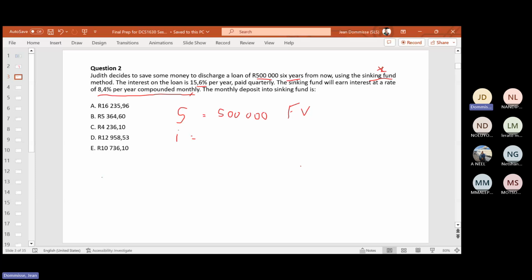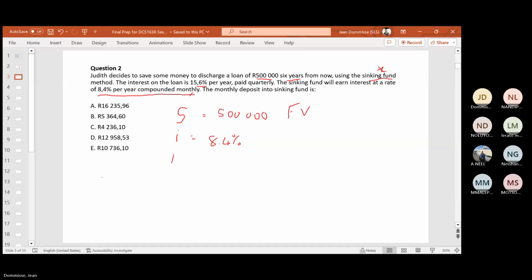Then the other thing that we have is your interest. So let's just look at that interest: 8.4% per year compounded monthly. So just remember the monthly, because that will influence it. Depending on what calculator you use, you might want to change something on your interest.